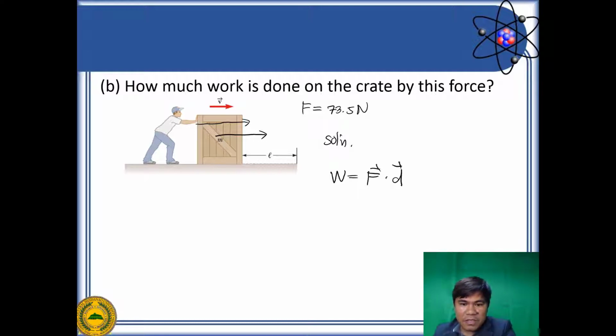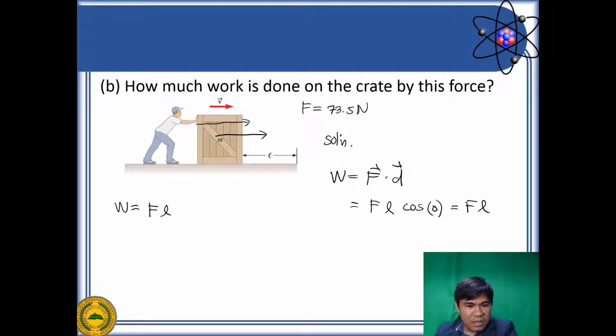So from this definition, this is just equal to the magnitude of the force times the magnitude of the displacement, which is L, times cosine of the angle between the two, but the angle between the two is 0 since the direction of the force and the displacement is the same. So we can rewrite the equation as F times L, since cosine of 0 is just equal to 1.